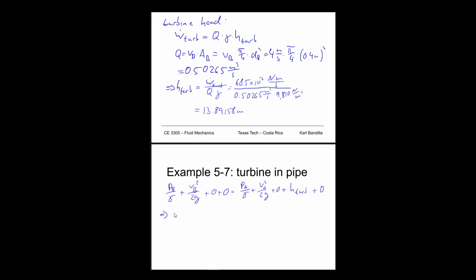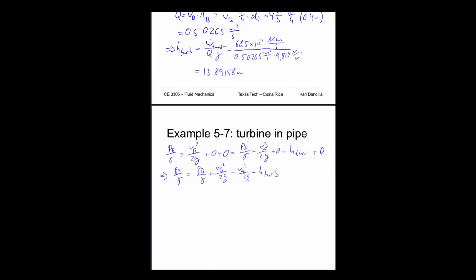So let's do that in 2 steps. We'll say PA over gamma. If I leave that on one side and bring everything else to the other, that would then be PB over gamma plus VB squared over 2G minus VA squared over 2G minus H turb. That's just rewriting my equation.